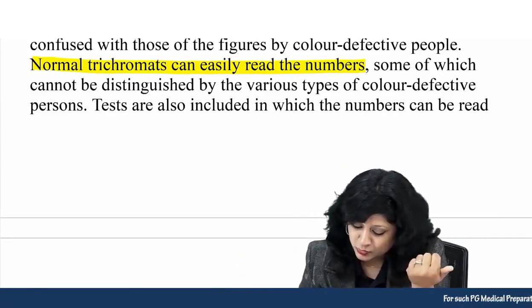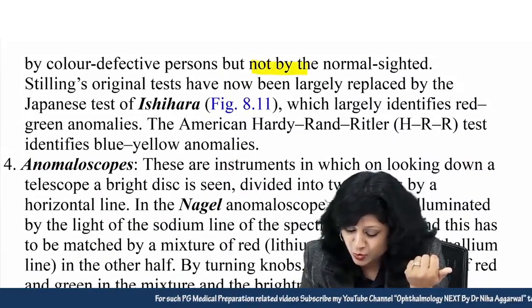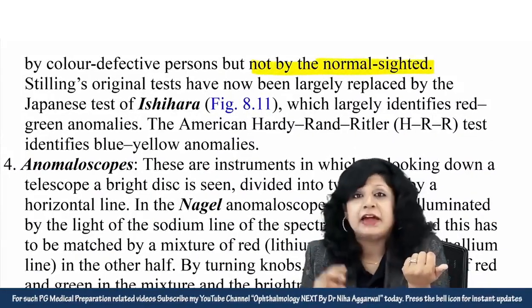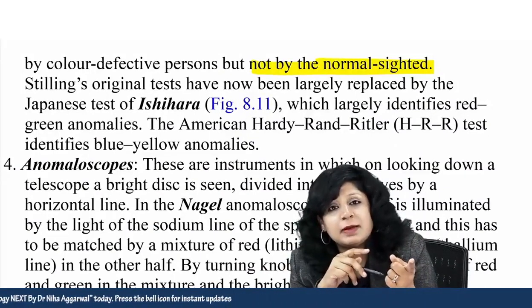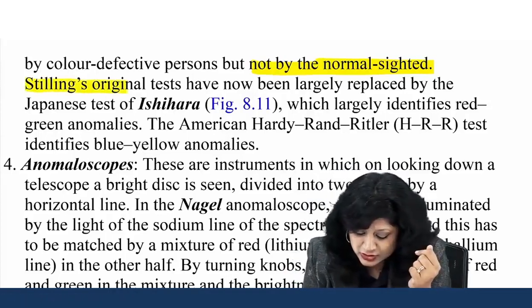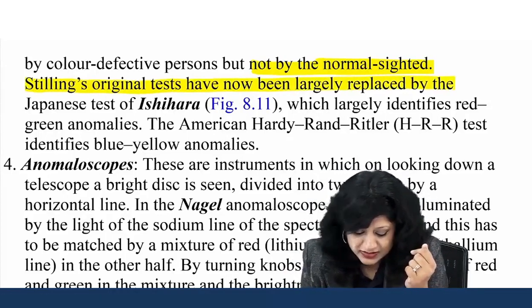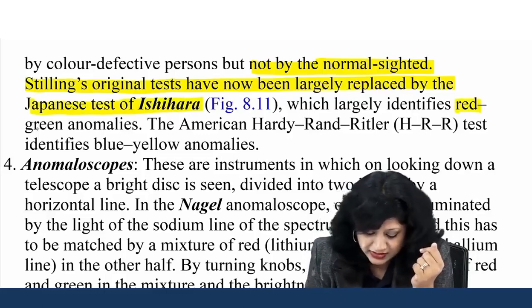Tests are also included in which the numbers can be read by color defective persons but not by the normal sighted. And there are certain things where the normal one will not be able to read, but the defective persons will read it. Then we have Stilling's original test, which has now been largely replaced by the Japanese test of Ishihara, which largely identifies the red and green anomalies.